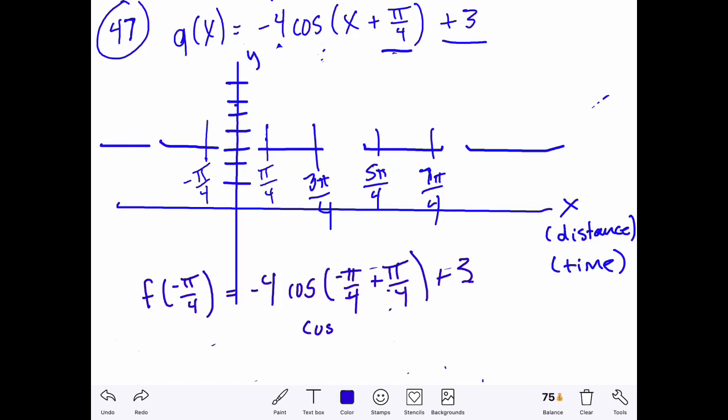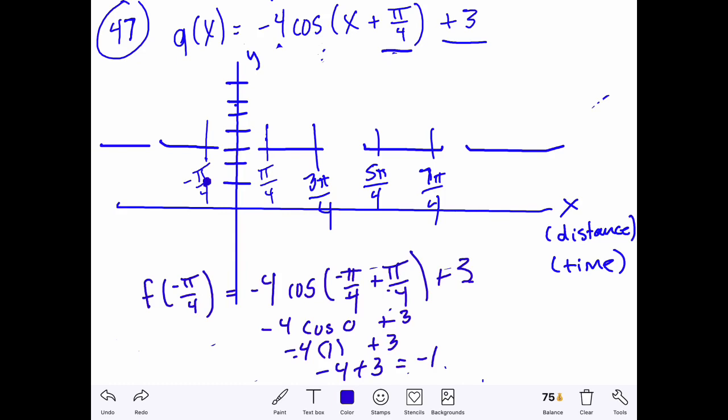Negative pi fourths plus pi fourths is 0, multiplied by negative 4 and then plus 3. Cosine is x, and when I'm at 0 on the unit circle, my x value there is 1. Negative 4 times 1 is negative 4, plus 3 equals negative 1. And I'll just go ahead and dot it in here.